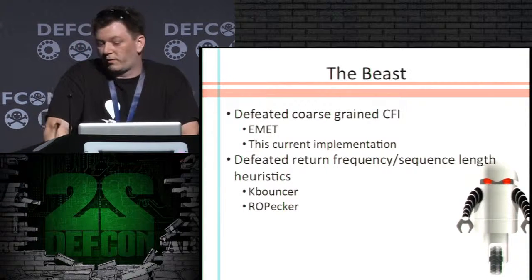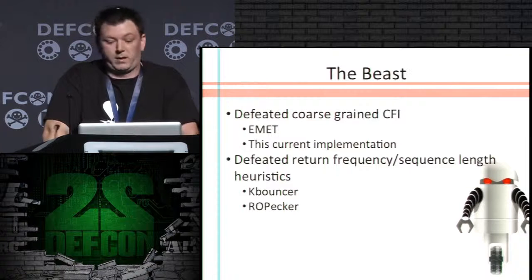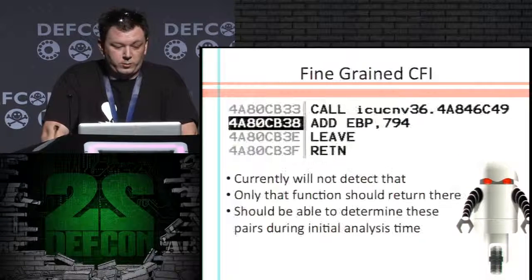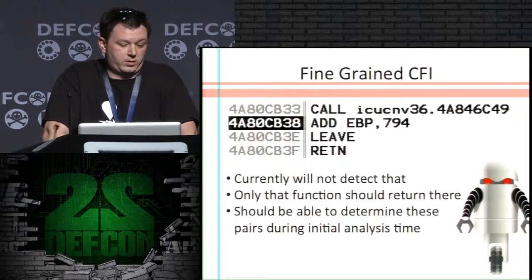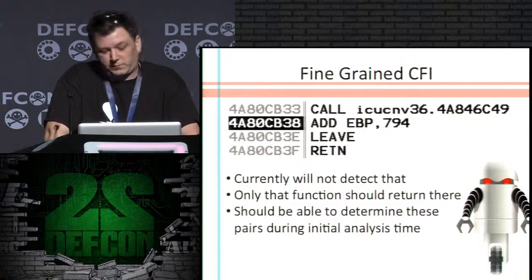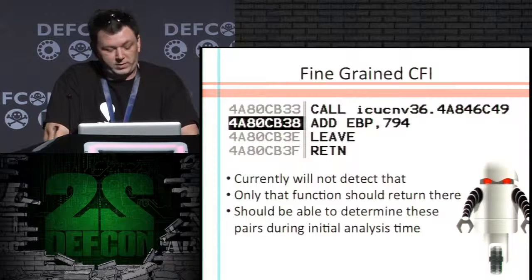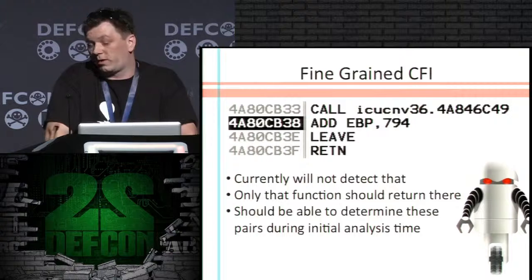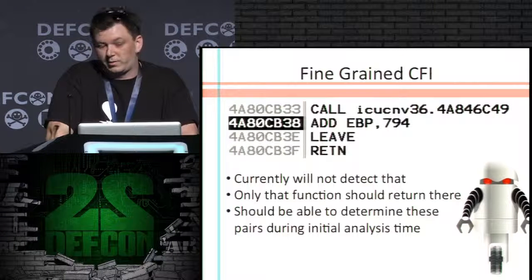So they raised the bar, so how can we defeat them now? That's the big question. We can start to implement fine grain controls. As I stated earlier, we currently wouldn't detect this particular call into this location. However, really the only place where you should return to this specific address, the CB38, is from that call. So if we're not coming from the return in that call, then that's very suspicious.